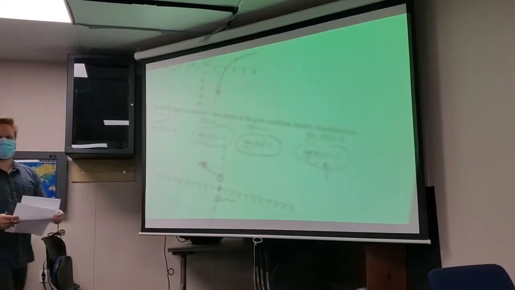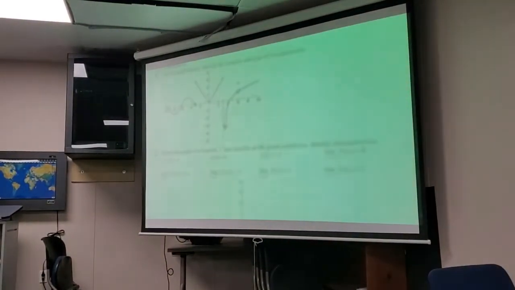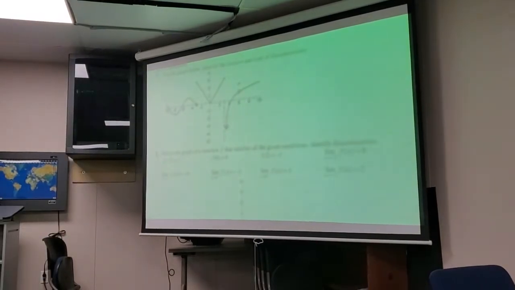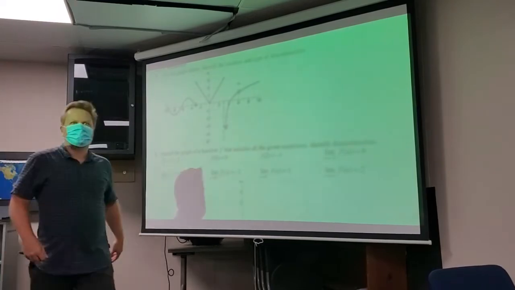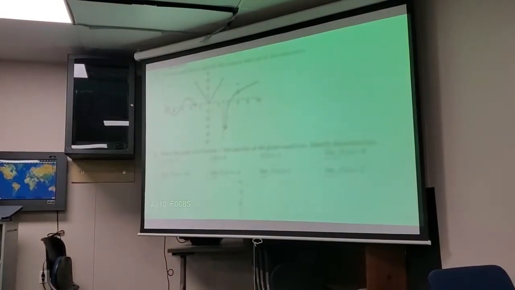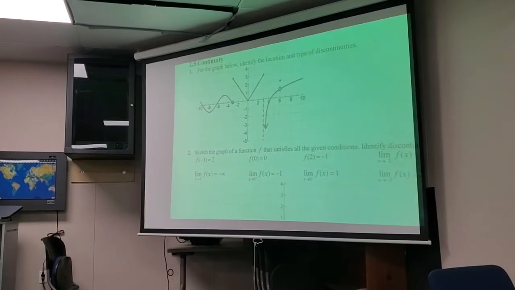Well, here, I'll give you this one. Has everybody else got that sheet? This one's got a little bit of squiggliness on it. In the interest of time, we're going to do this one together.